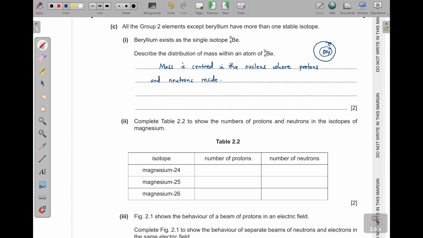They have an average mass of 1. Electrons just orbit the nucleus in shells and have a negligible mass.